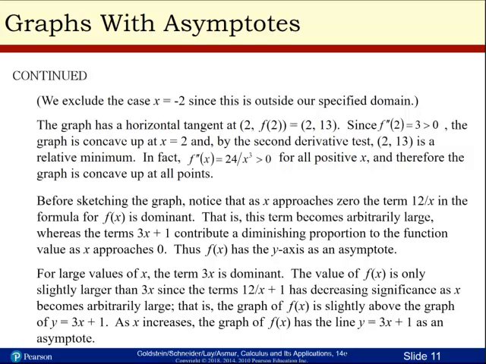So as x becomes really, really big, 1 doesn't matter and 12 over a really big number doesn't matter because that's getting closer to 0. So that's really like a 1. That is, the graph of f of x is slightly above the graph of y equals 3x plus 1. As x increases, the graph of f of x has the line y equals 3x plus 1 as an asymptote.